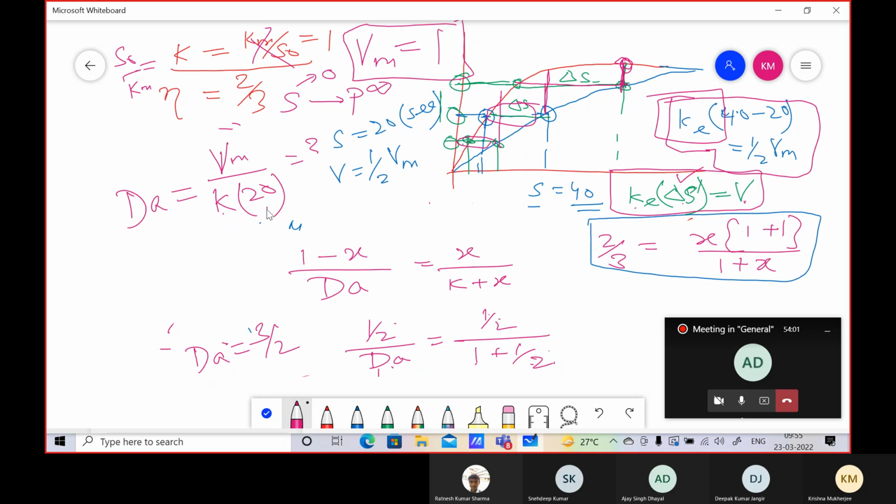But K into 20 is the driving force, 42 minus 20, this was the case, right? K into 20 Vmax is equal to 3 by 2. And so you can find out K in terms of these variables. So K can be found out.